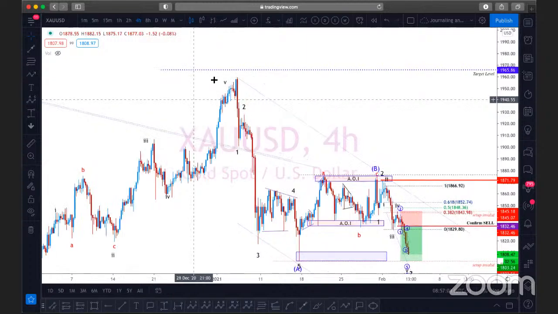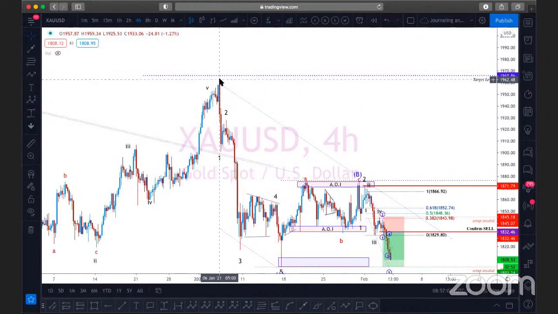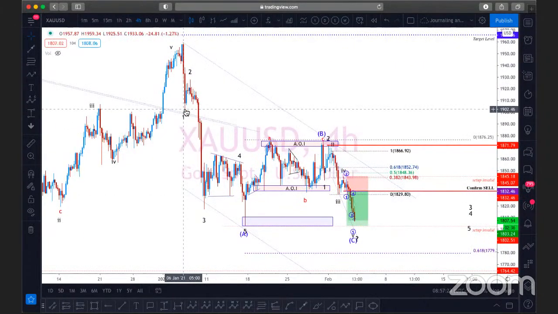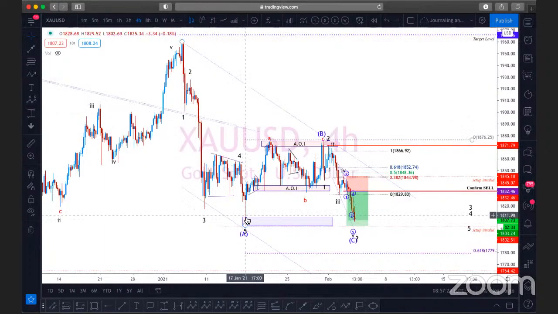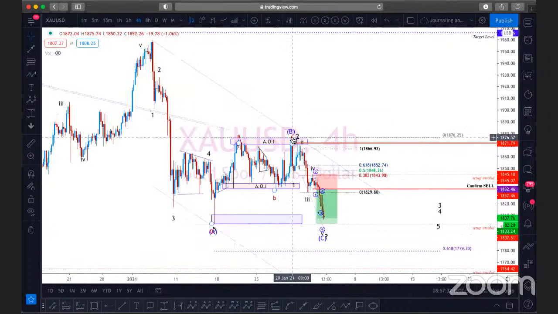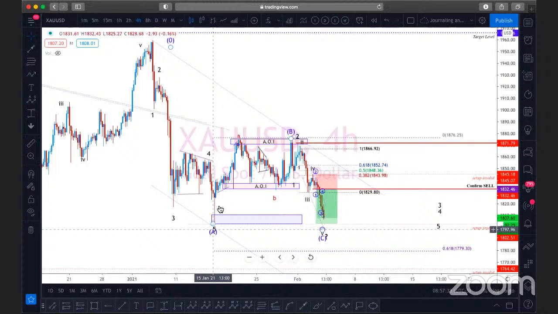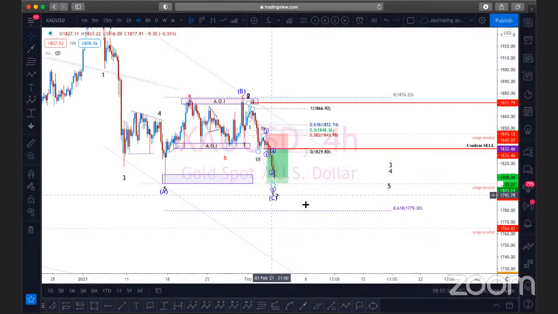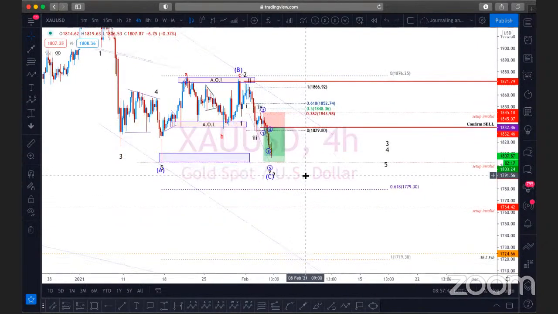I initially labeled this entire structure as wave A, but now I am moving towards labeling this as the X wave. And we're now looking at A, which comes down in a 5-wave impulsive, 1, 2, 3, 4, 5. We're looking at B coming in here as a 3-wave correction, A, B, C. And we're now looking at the 5-wave impulsive move down to finish off wave C.